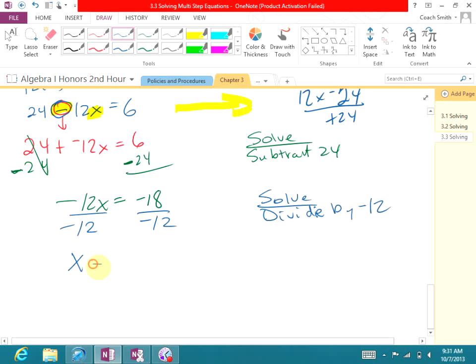Gives me x is equal to what? What? I heard somebody say it. 1 1/2. X is equal to a positive 1 1/2. The reason it is positive is because I have the two negatives I'm dividing by.